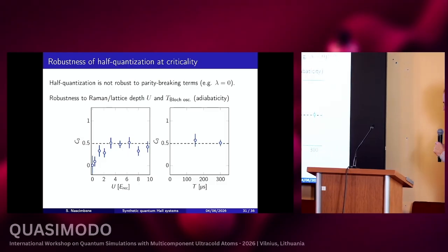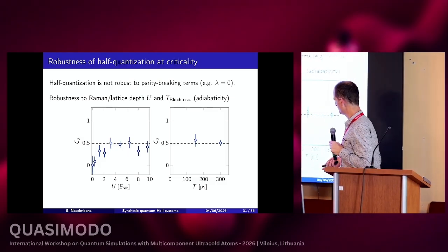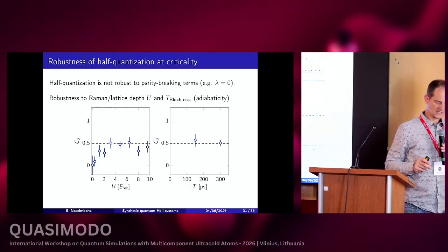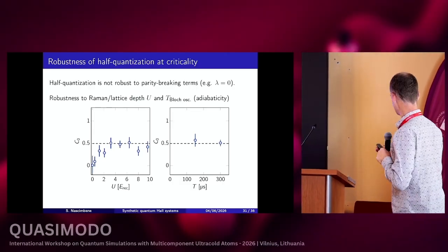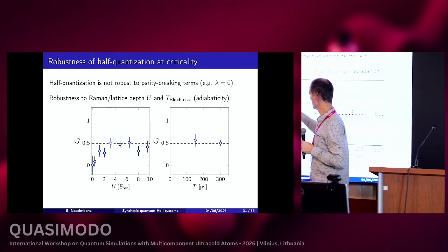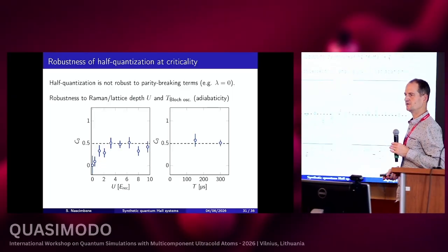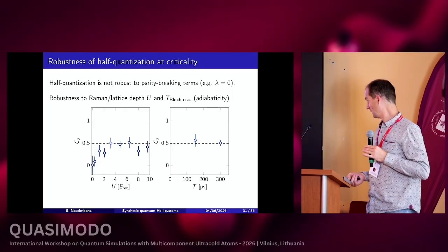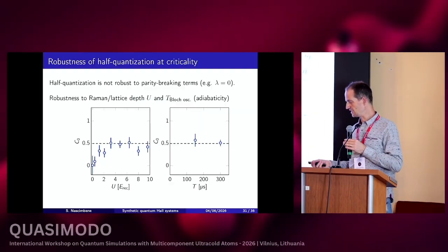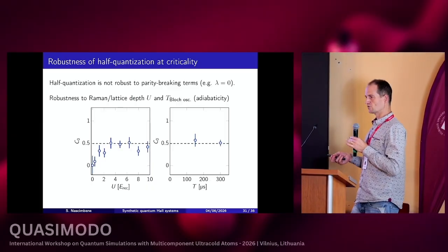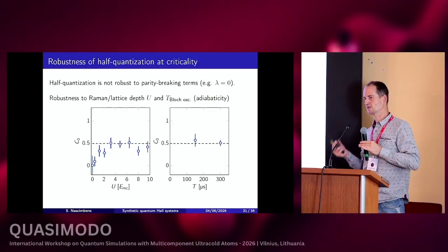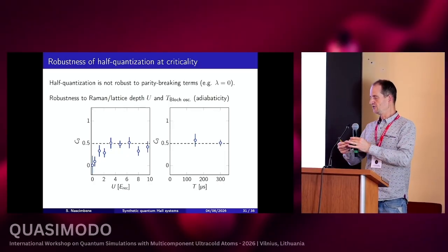Maybe the message I want to conclude with is that when we are at the critical point, as soon as the gap is closed with a Dirac point, then when we make a Hall measurement, we don't measure 0 or 1, we measure 0.5. And this 0.5 is actually not an accident, it's a protected result due to the fact that the gap is closed with a Dirac point, and it is the so-called parity anomaly associated with a Dirac point as soon as it is placed in a lattice structure.